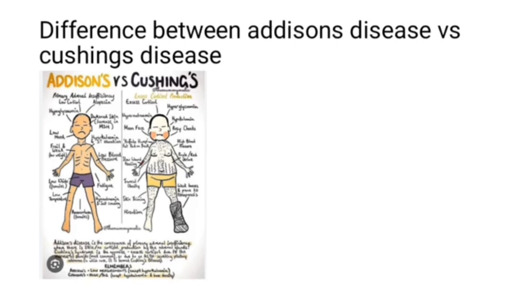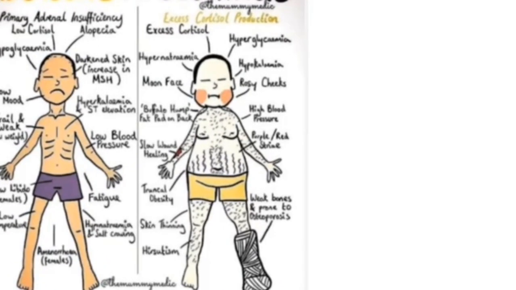Then what is the difference between Addison disease and Cushing disease? You can see, the person wearing yellow knicker is the man suffering from Cushing syndrome. The man wearing purple knicker is suffering from Addison disease. So the major difference is in the man suffering excess cortisol production, that is Cushing syndrome.